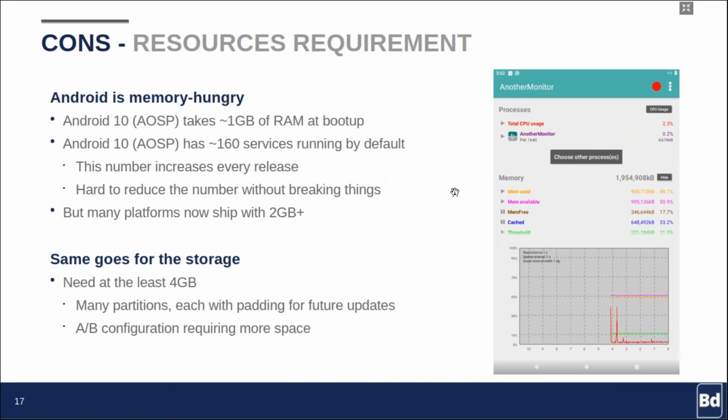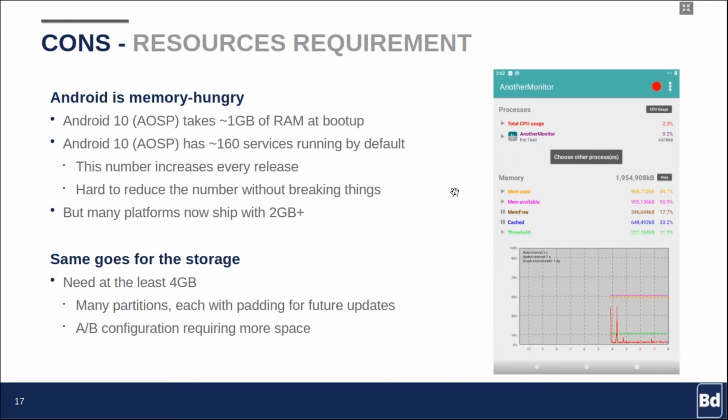And the reason for that is that Android 10 comes with 160 different services at boot up. We often receive questions about whether we can get rid of the services we don't need. The problem is that it breaks the API and it can break the OS behavior overall. So it's not an easy task.